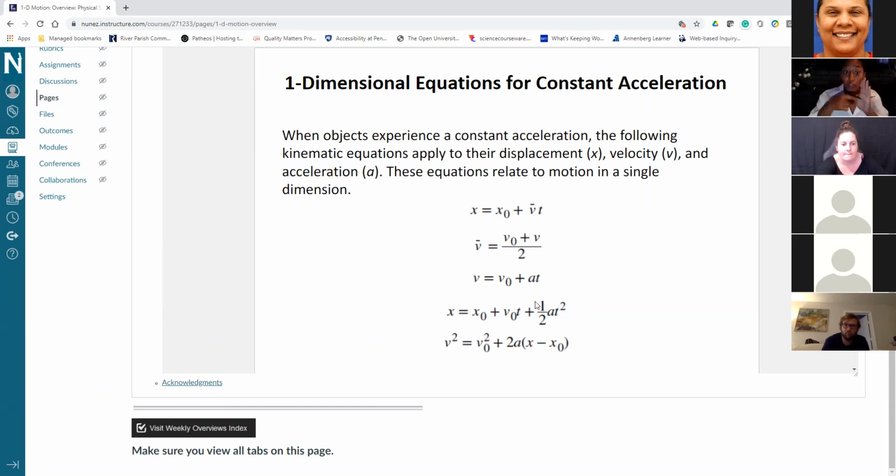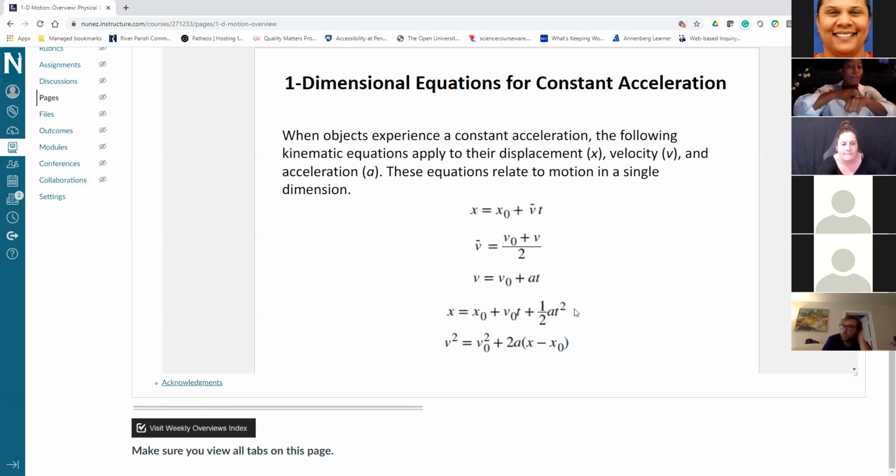This equation looks at it if the object is accelerating. And then notice this equation and this equation are connected to time, whereas this very last equation looks at the velocity, looks at the acceleration, looks at the displacement, but there's no time involved. So if you are trying to describe the object kinematically, without utilizing the time involved, you would go to this last equation, okay?